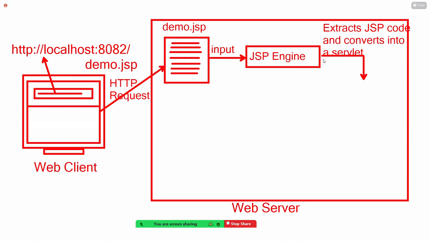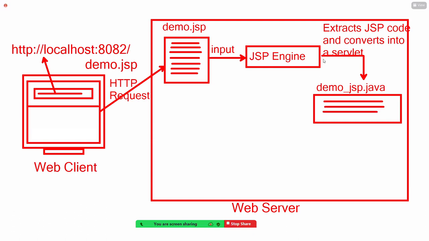While writing the servlet, whatever file name you gave, underscore JSP is added: demo_jsp.java is created. So this servlet is created by the JSP engine. If you write demo.jsp, here demo_jsp.java. If you write test.jsp, here test_jsp.java. If you write sample.jsp, sample_jsp.java is generated.